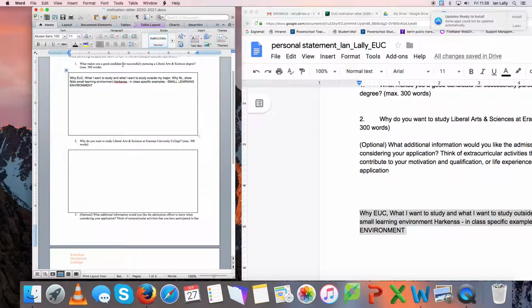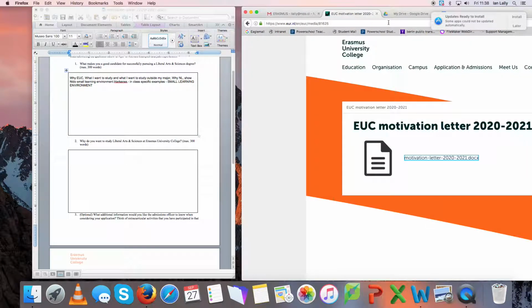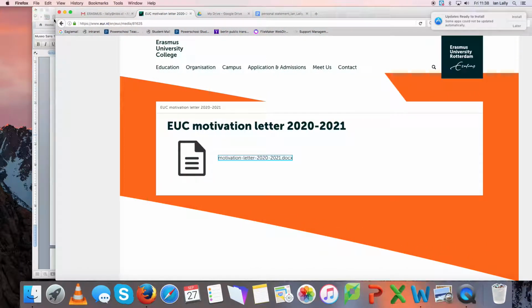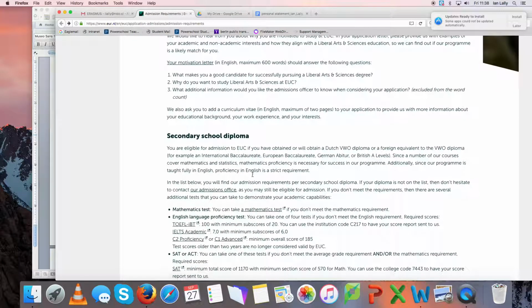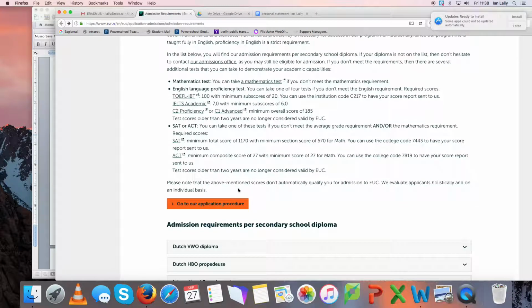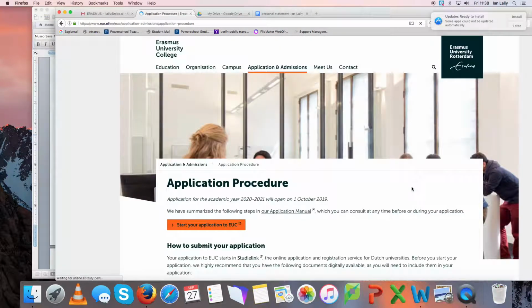When it looks good, you're going to follow the instructions on the website. Do not assume how you do this, right? Do not assume. And then we look at the admissions and application here. Go to our application procedure. We're going to click on that.